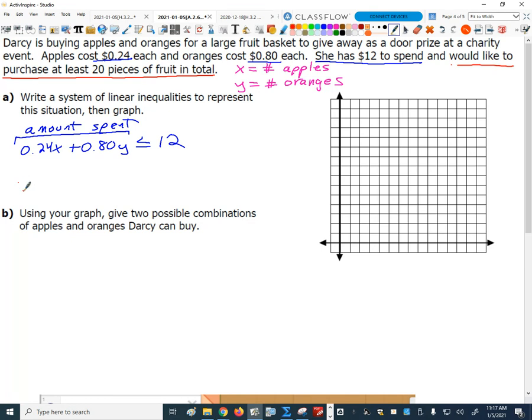So we just need to come up with an expression for the number of pieces of fruit. X is the total number of apples and Y is the total number of oranges. So what's the total amount of fruit that she's buying?